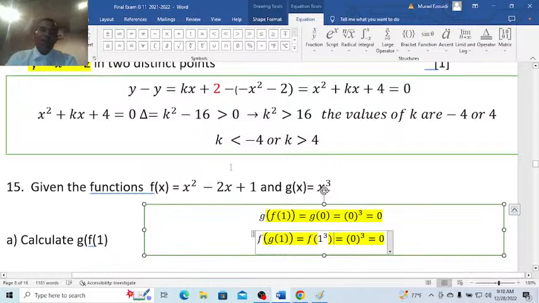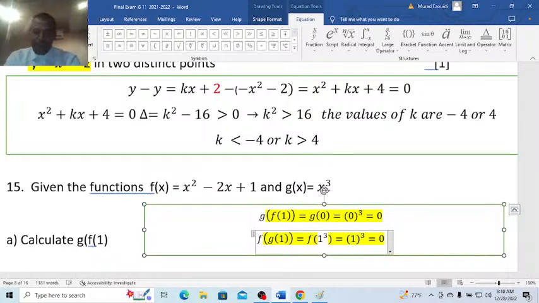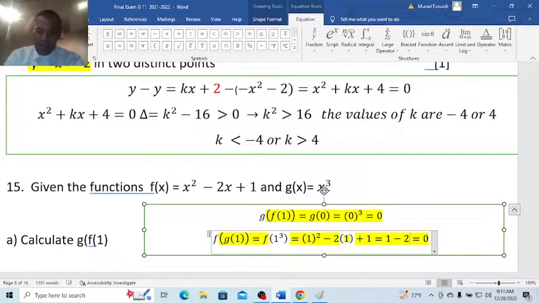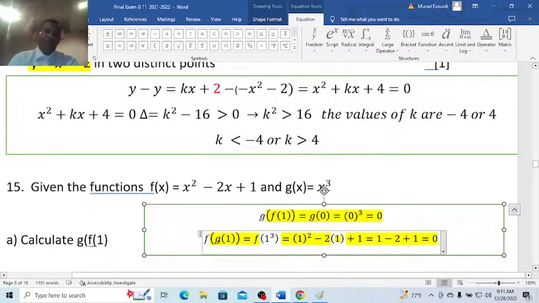If you go back here, f of 1 is 1 squared minus 2 times 1 plus 1. This equals 1 minus 2 plus 1, which equals 0. Therefore the composite function fg of 1 is 0. Both give the same answer.